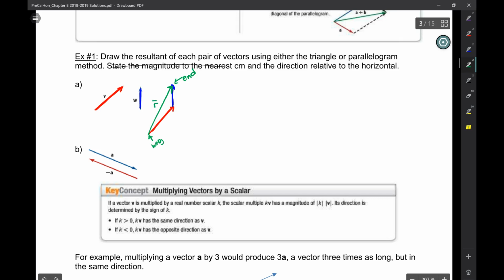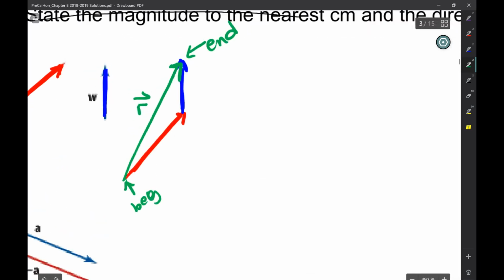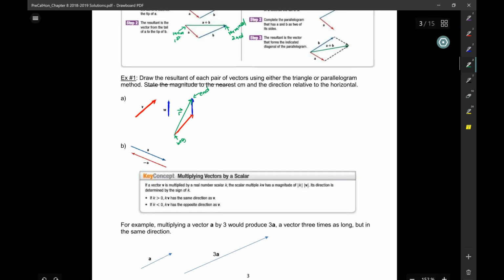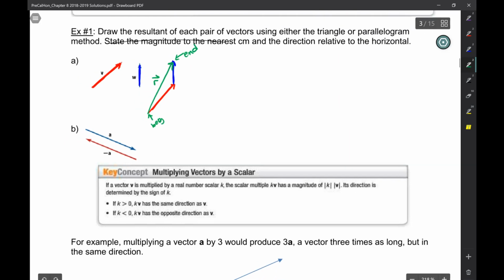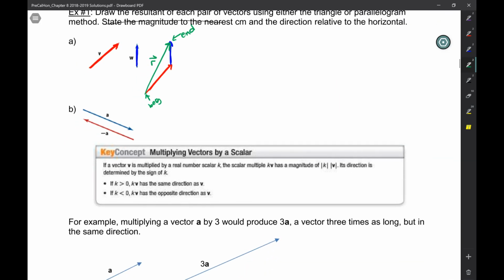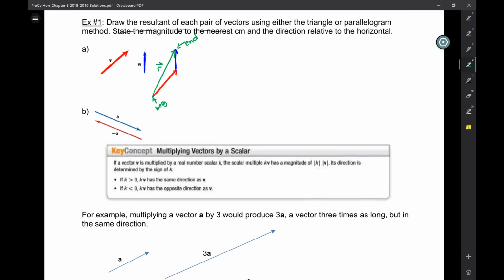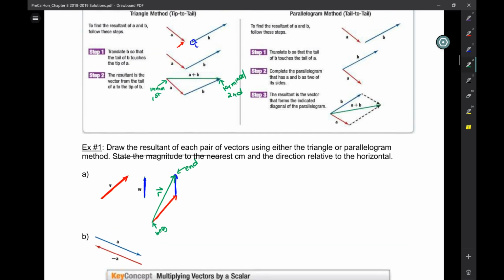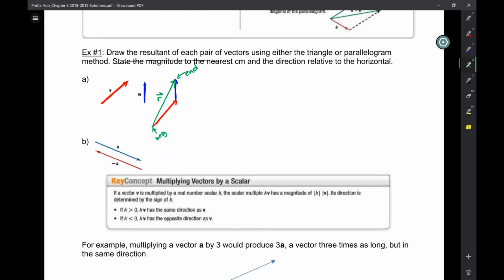You always have to label it as R. That's just an R with an arrow. You don't write the R vector. It's the same. A plus B is the same as the resultant. Just tell me in some way that that's the resultant.